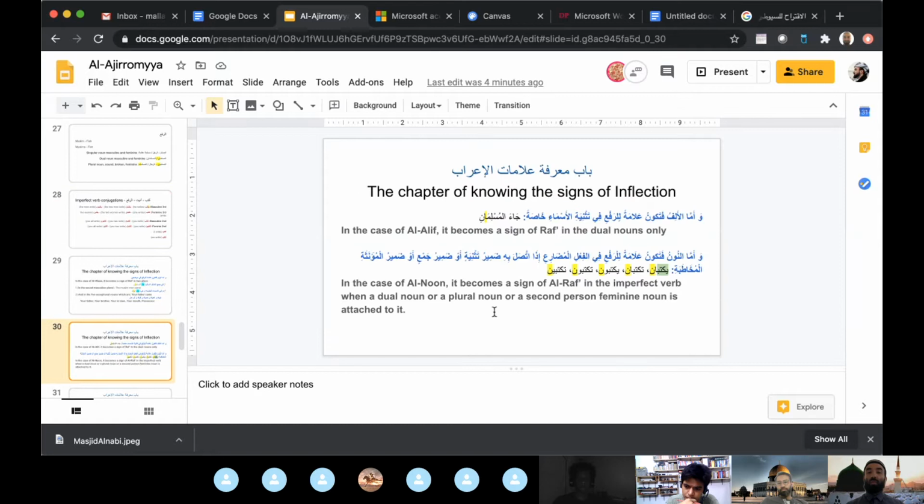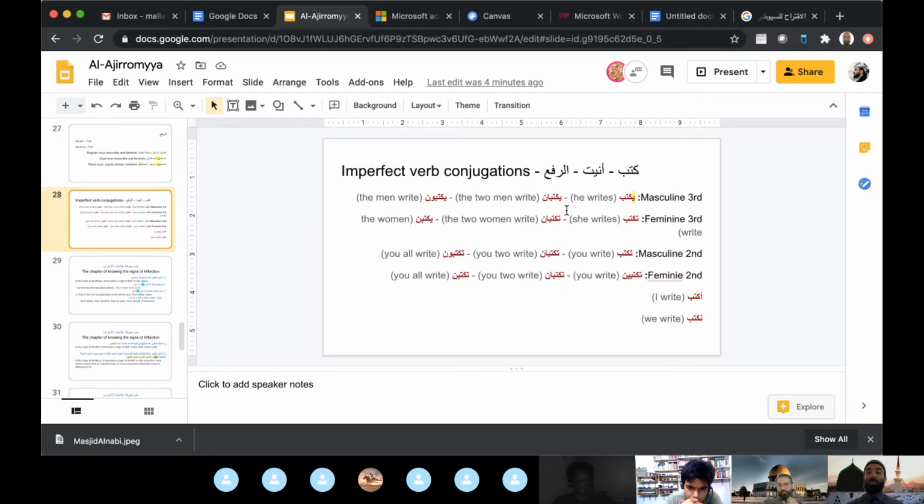So basically, a noon becomes a sign of rafa in the 5 verbs. Now you may ask, what are those 5 verbs? We already mentioned them here.